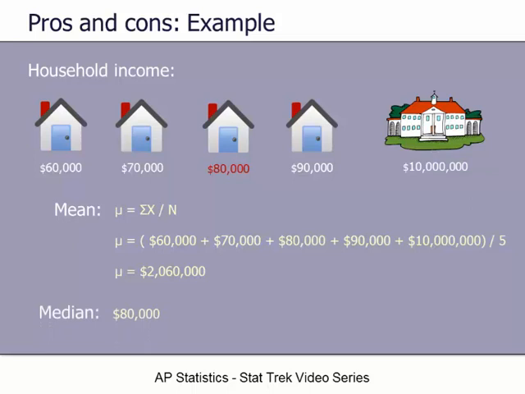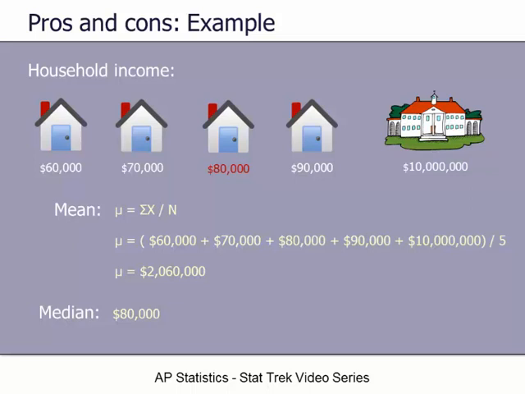Do you think the mean or the median is a better measure of typical household income? At over $2 million, the mean greatly overestimates income for 4 of the families and greatly underestimates income for the outlier. Whereas the median, at $80,000, is fairly close to the income for 4 families and only badly underestimates the income for the outlier.